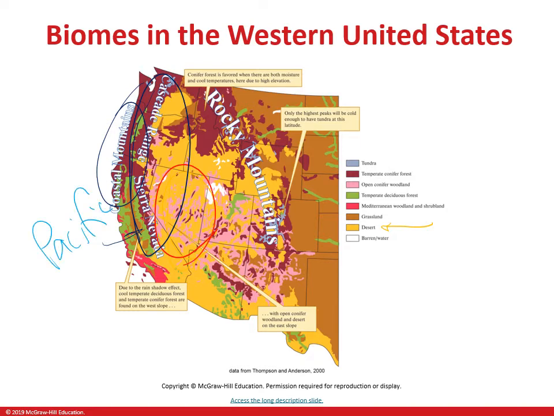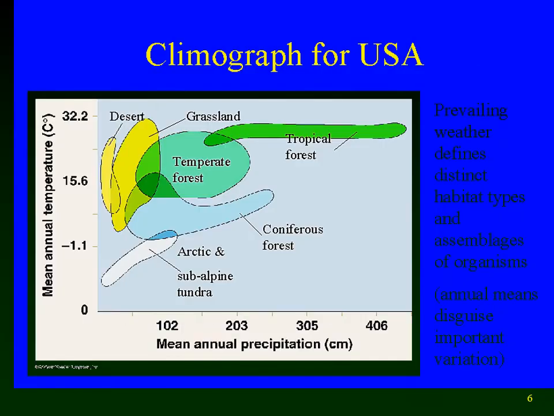We have lots of rainfall as the air is forced up over those mountains, and then it's all dry. When you go past those mountains and the air continues to blow in this direction, with the westerly trade winds, you really have run out of moisture and you end up with a desert biome.